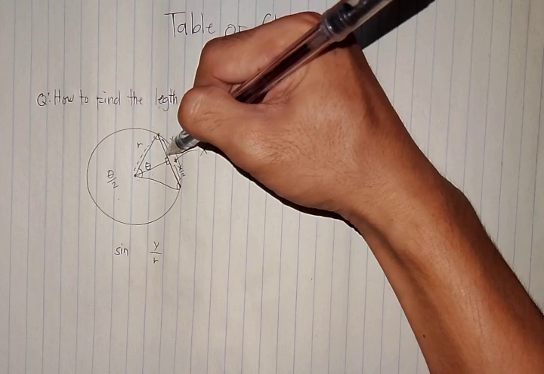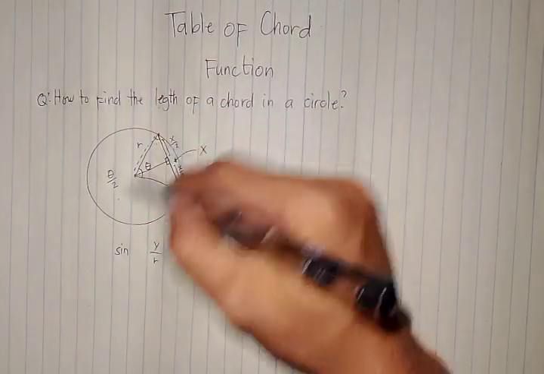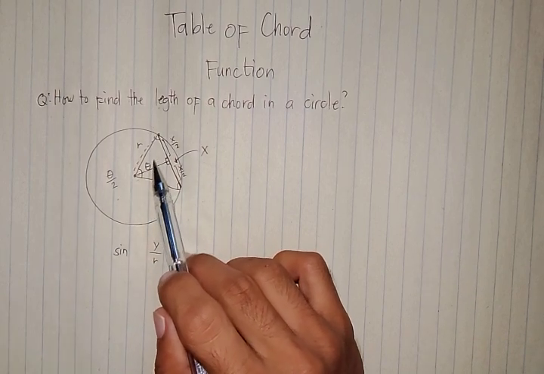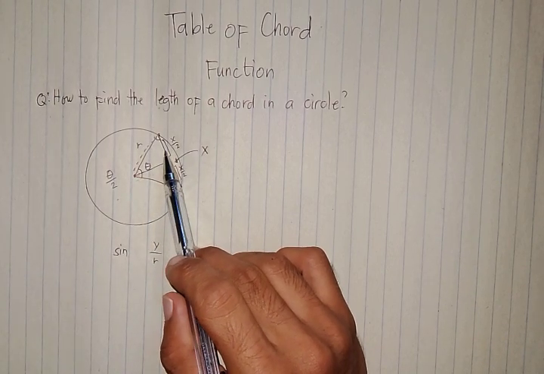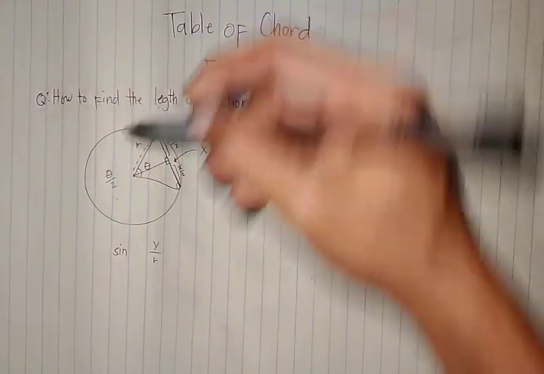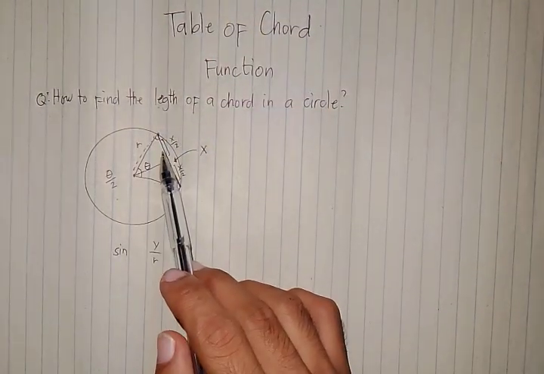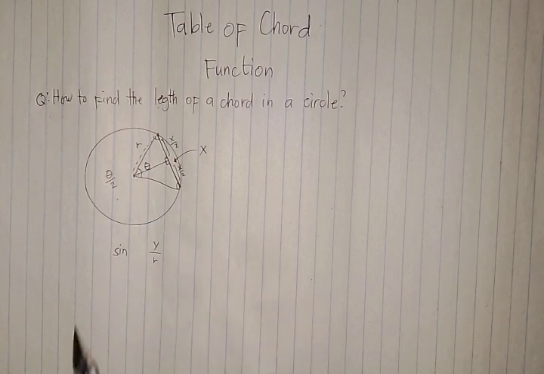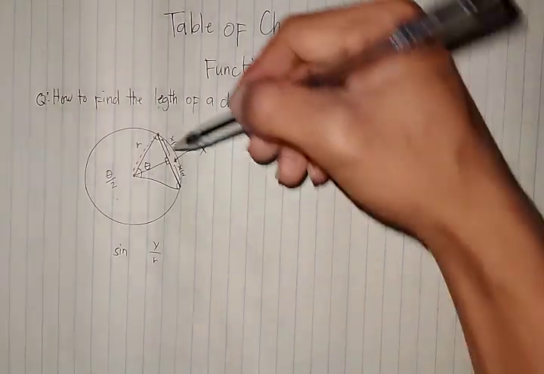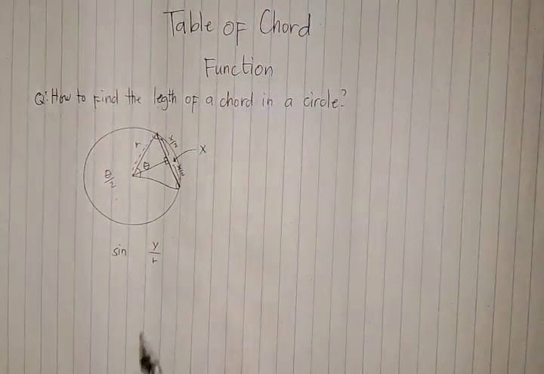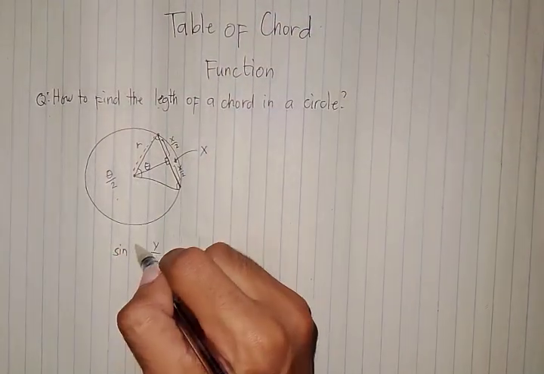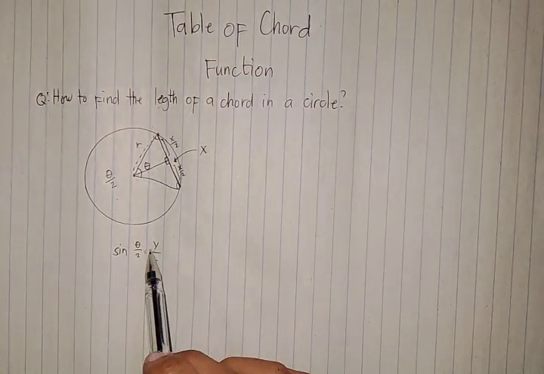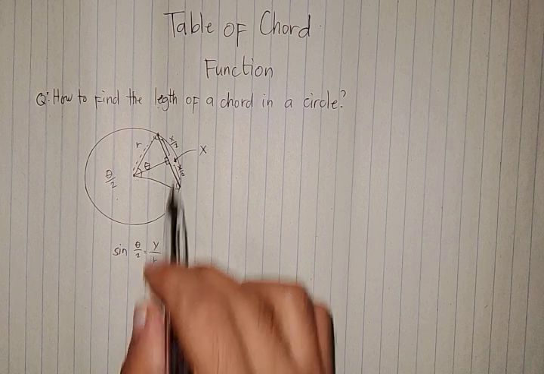Because this is opposite, this is adjacent, and this is hypotenuse. So opposite over hypotenuse is equal to this side, x over 2. So sine theta over 2 is equal to y over r. So what is y?